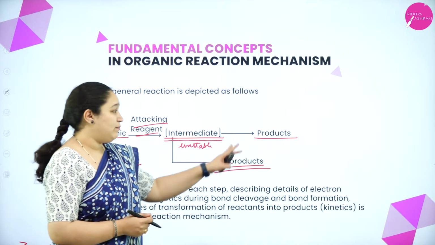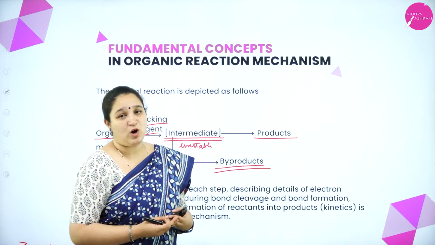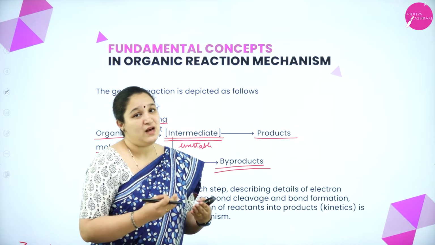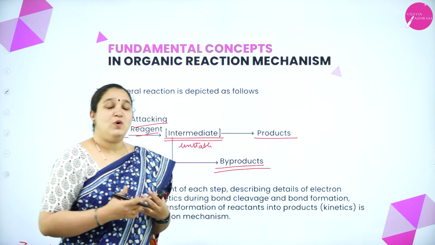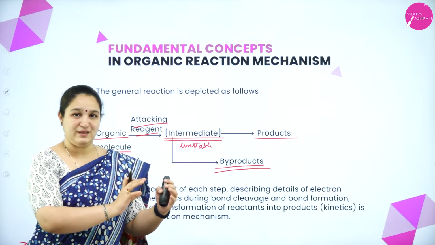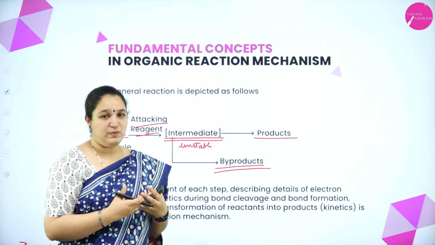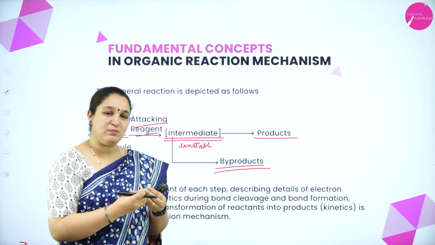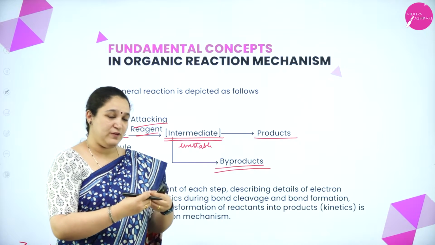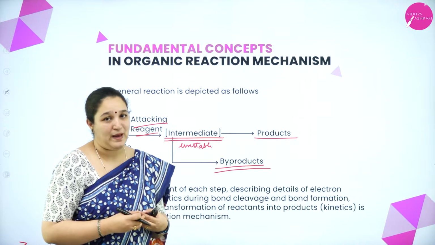One major product is what we are expecting, along with some different products which we call byproducts. So the reactants will react and form an intermediate. Intermediate means a state which is unstable and is there only for some time. It further forms products as well as byproducts.